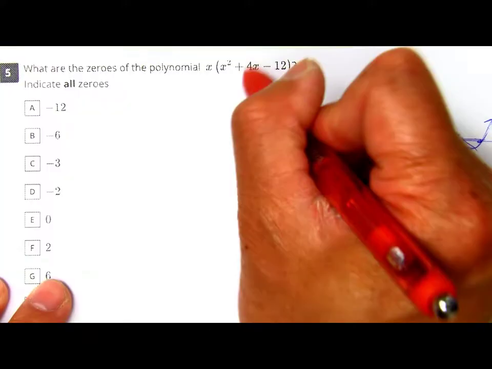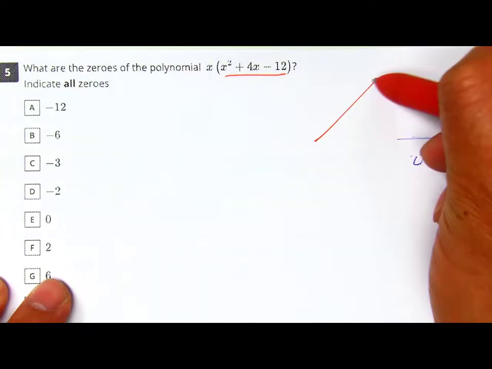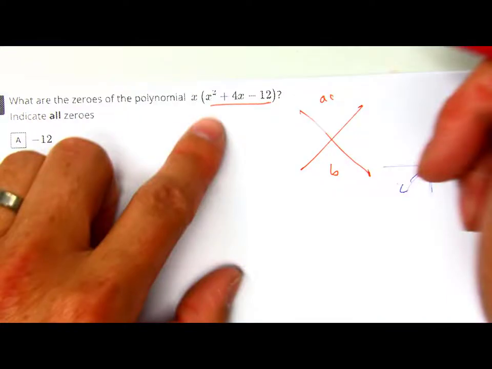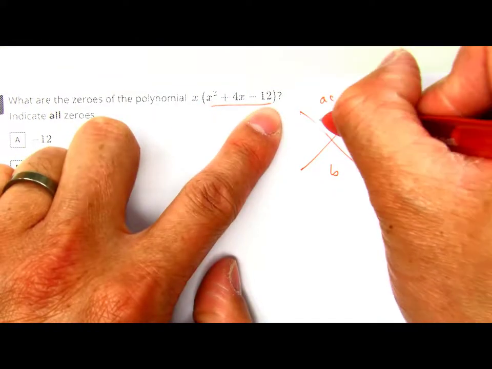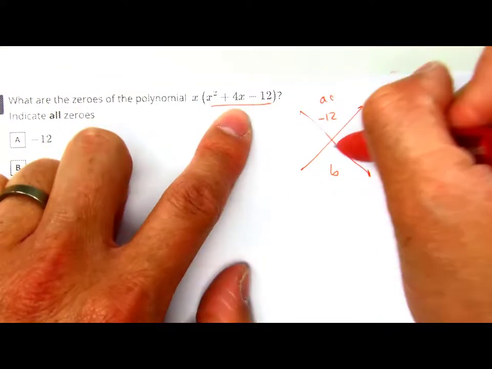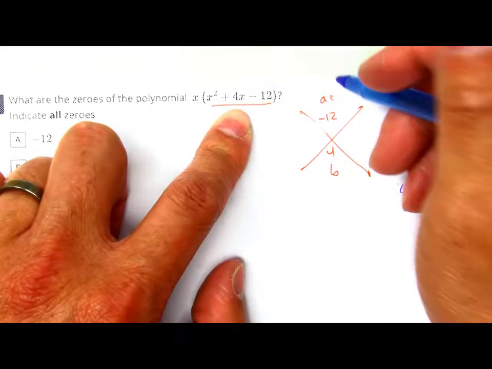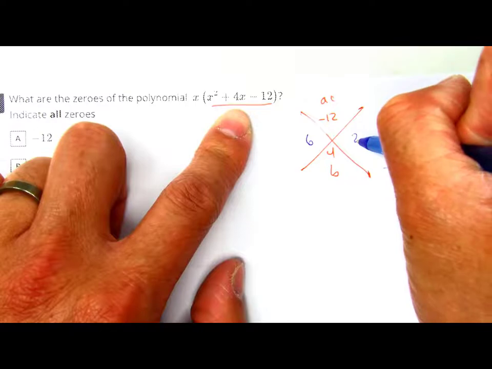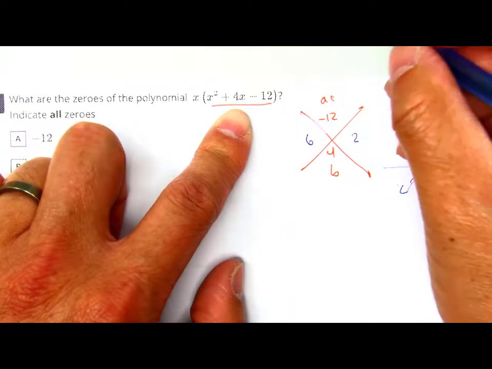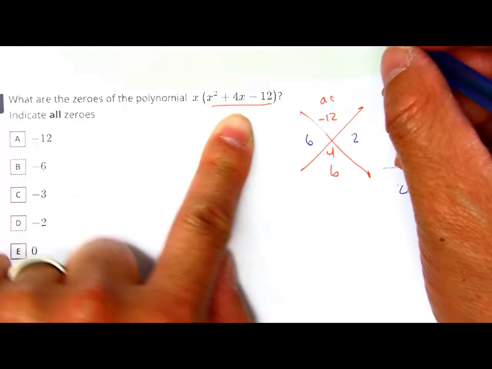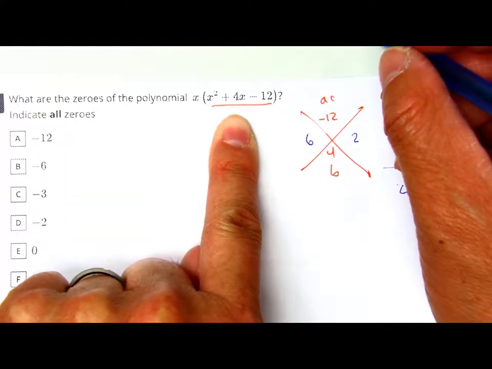So if I factor this one, a, c, b, I have a times c is negative 12. My b value is 4. 6 and 2. Does that multiply to be negative 12?